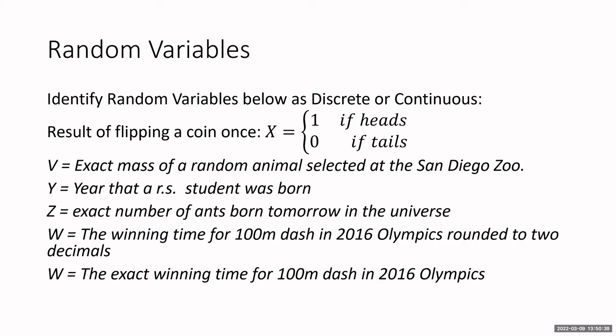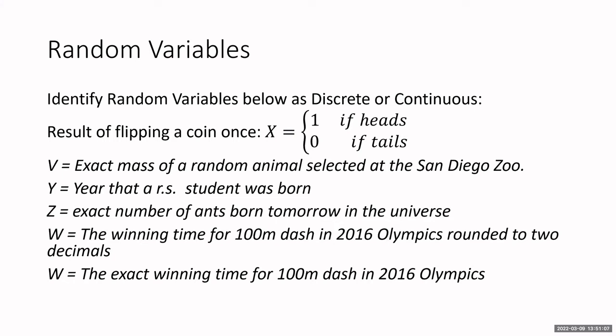We could get either heads or tails, and we could assign 1 to our random variable if we get heads, and 0 if we get tails. So the values of our random variable are 0 or 1. Clearly, we can list all of the values, and this is a discrete random variable.